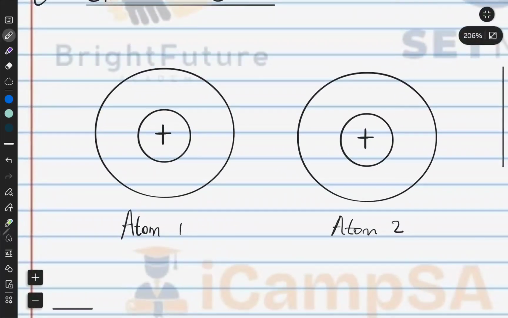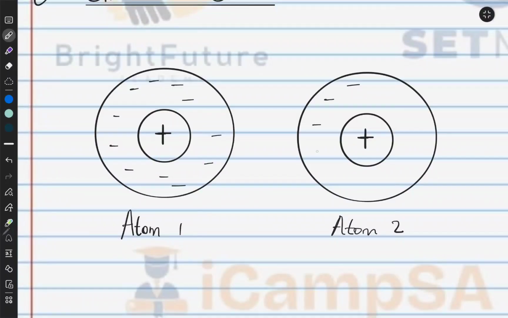Now what happens is, remember, the center is our nucleus, and around the nucleus it is surrounded by a cloud of electrons. Same as atom 2, there's a cloud of electrons. So every atom has a nucleus in the center, and around that nucleus you will find a cloud of electrons.